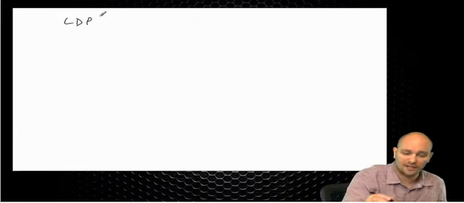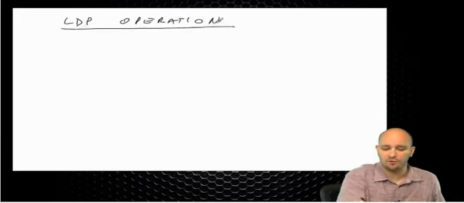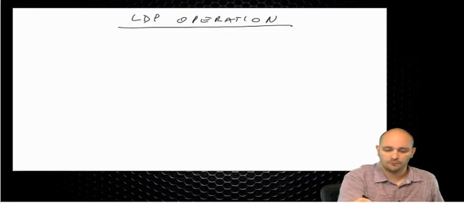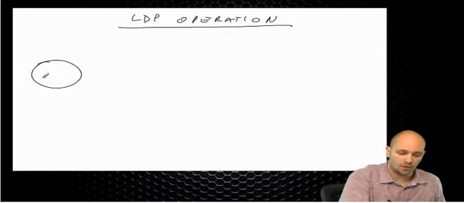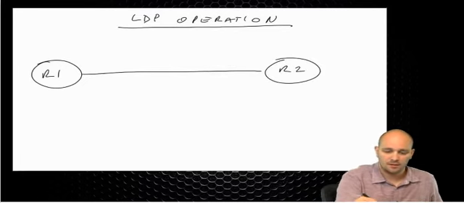So, I'm going to take a look at the example of LDP. So let's say that we have two routers. So there is R1 here, and let's say that there is R2. And in this case, we actually fired up LDP.